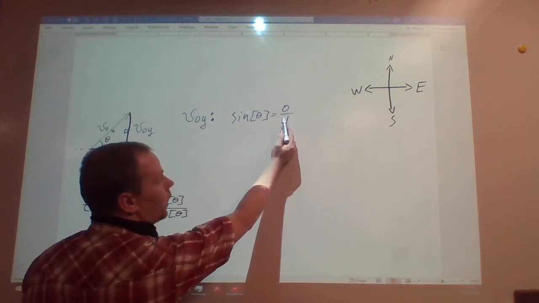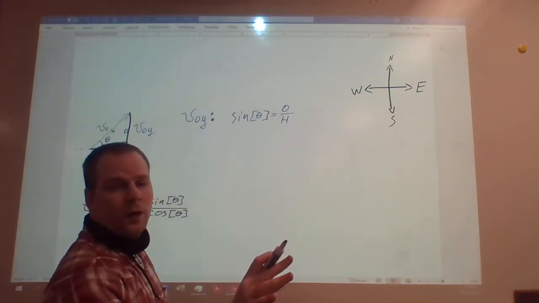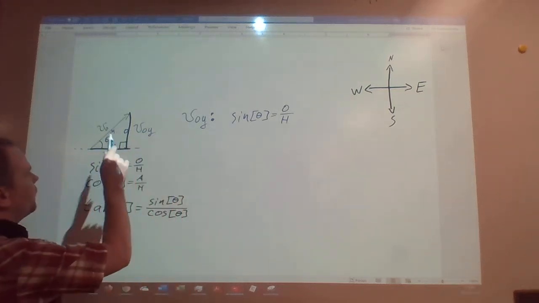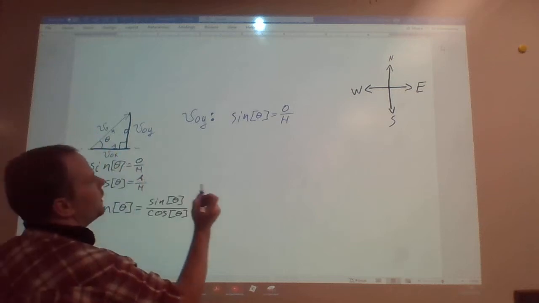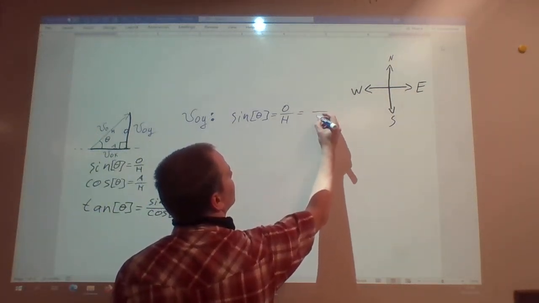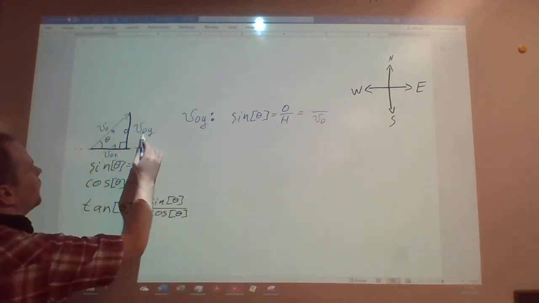O and H are just placeholders. They can mean just about anything. It depends on what's happening in this triangle. In this triangle, H is v naught, and O is v naught y.